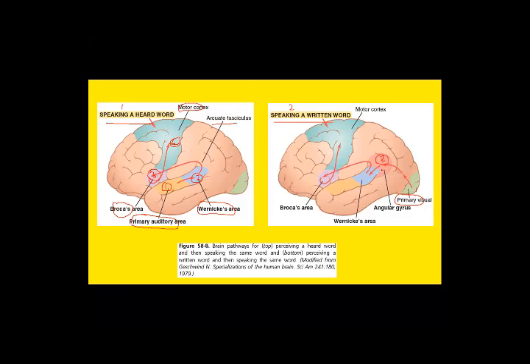It is called the angular gyrus because it is present at an angle connecting the parietal, occipital, and temporal lobes together. This is the region where the signal will be received and then processed further to Wernicke's area, which is the sensory speech area. The rest of the pathway is the same. From Wernicke's area via the arcuate fascicle, the signal will be transmitted to Broca's speech area and then towards the motor cortex.